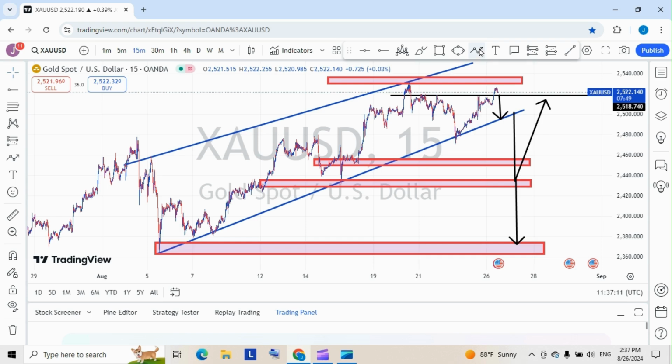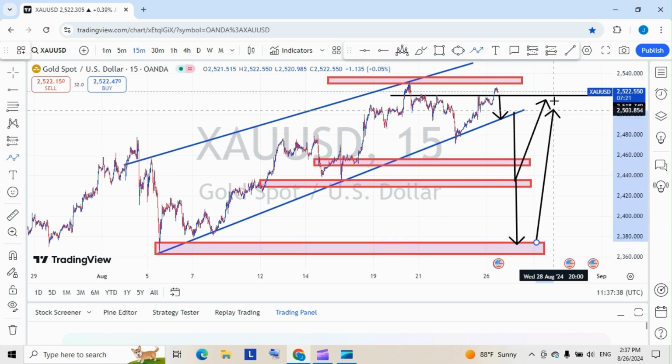If there is going to be any kind of buy opportunity for gold, it's going to be a major buy opportunity, wherein the buyers are going to take control of the market. But I'm stating the fact that it's a major buy. So we are going to expect price to reach here at 23.84. Then we can see a major buy for gold.